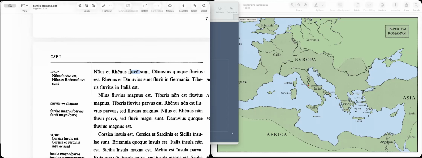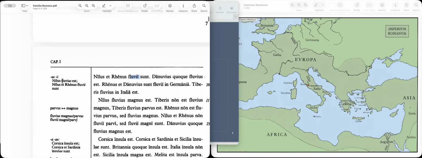Also, the other thing is fluvius. Where is the accent? It's on the U. It's never on the last vowel. It may be on the second vowel if the second vowel is long, but it's not.